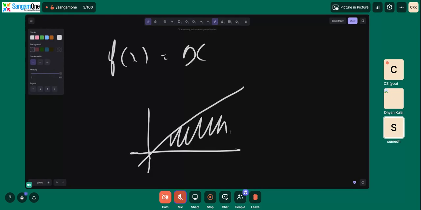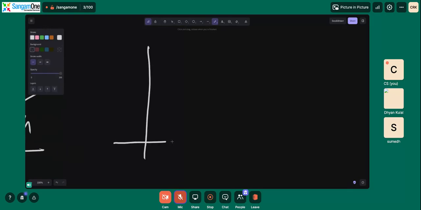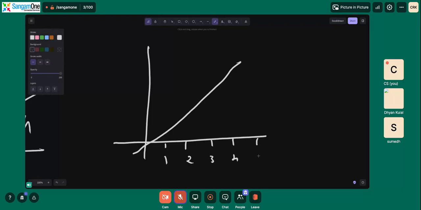Now let us use limits here. How can I use limits here? Imagine I have the same curve and it is defined from 1 to 5. This is x, this is y.